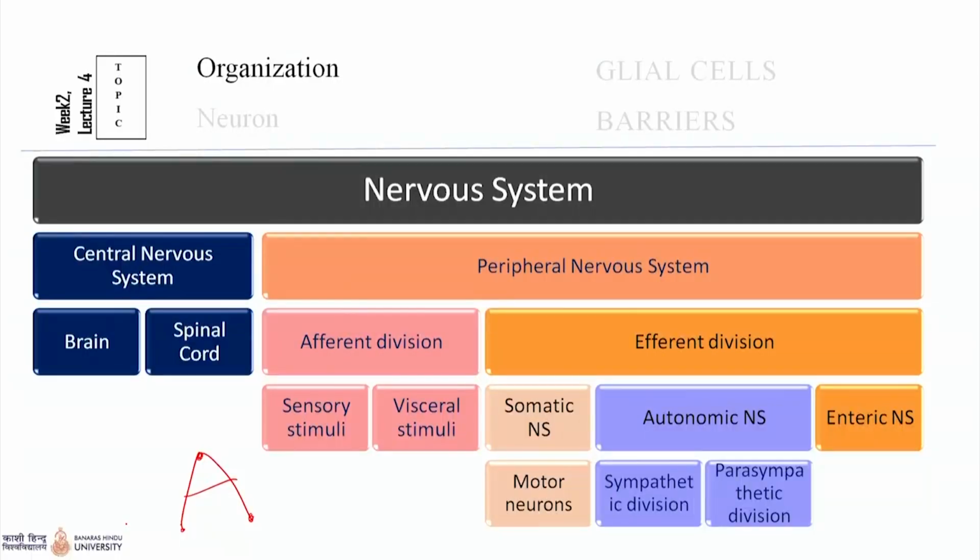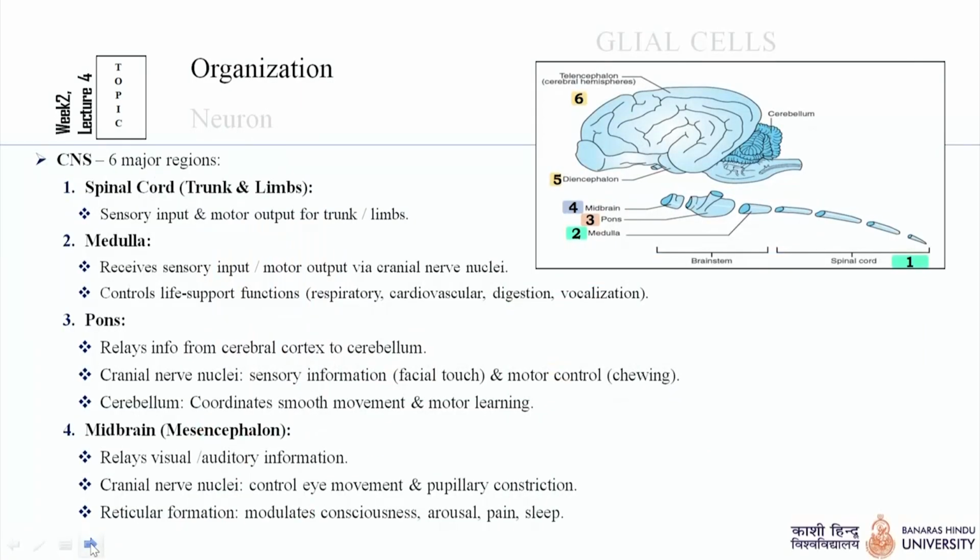The third one is the enteric nervous system, which regulates or controls the digestive system. In many books you might have seen that the enteric nervous system may not be included, or even the autonomic nervous system may be given as a separate system, but some books present it this way.